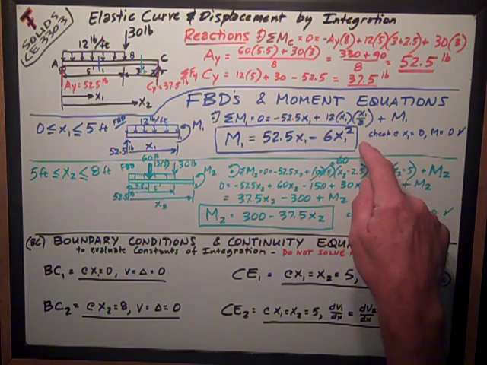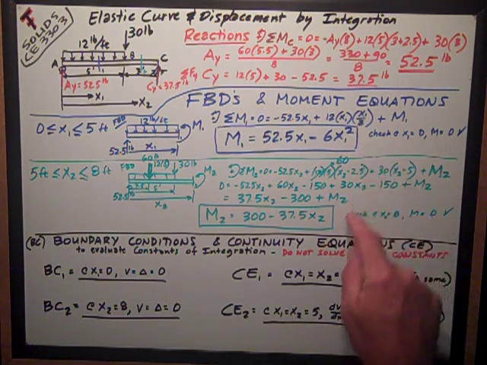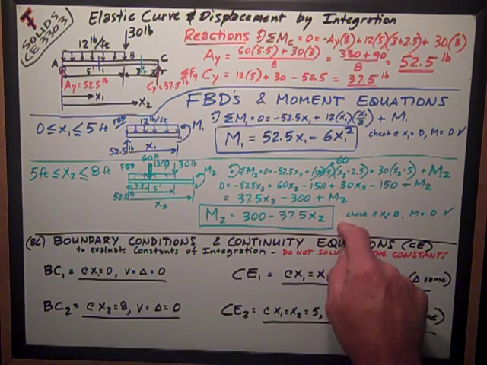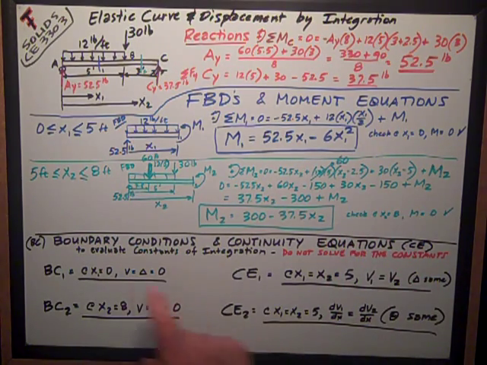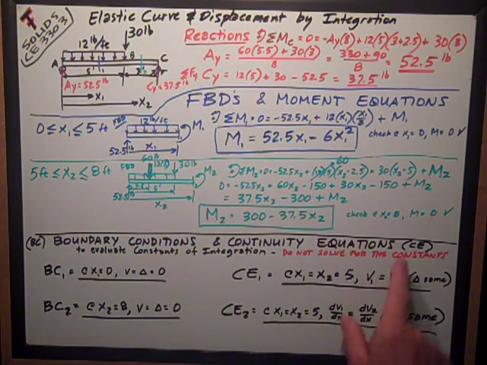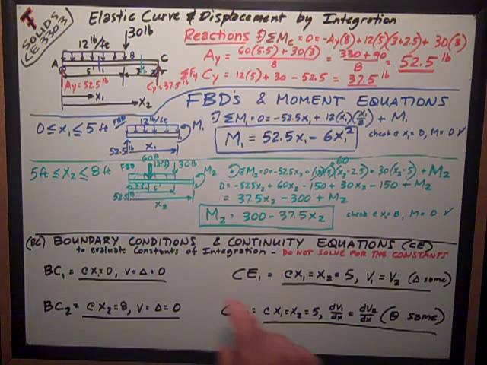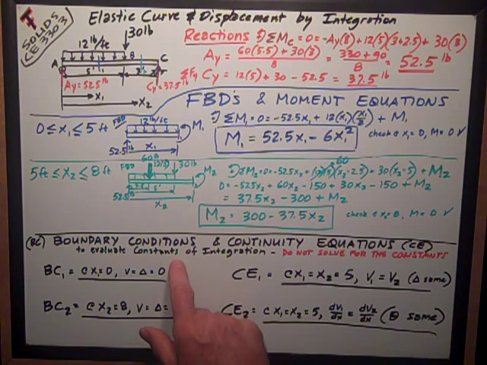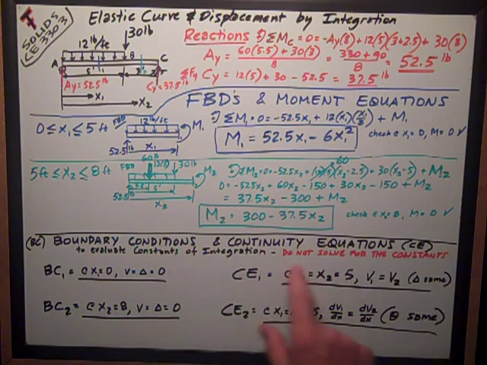That's going to give me another constant of integration here and another constant of integration here. But we didn't ask you to do that. We just went down to the boundary conditions and continuity equations, which are the key part of solving for those constants of integration. And we said do not solve for the constants. You didn't have time on this test.